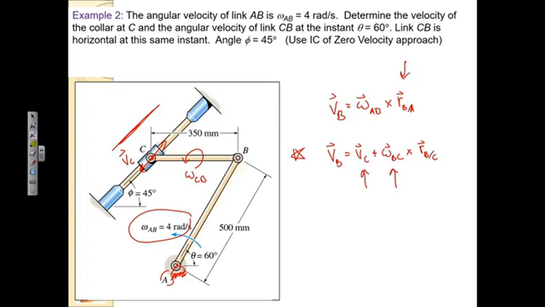All right, my brain looks at this, I see it in an XY system, and immediately I think, I'm going to break this up into its XY coordinates and solve for a velocity of B in that direction.